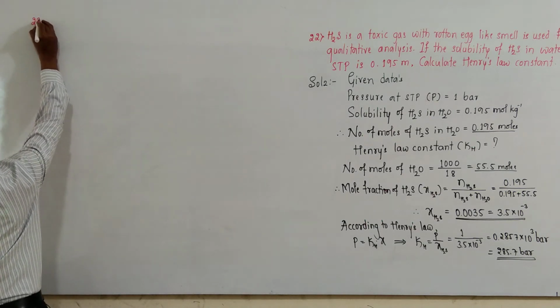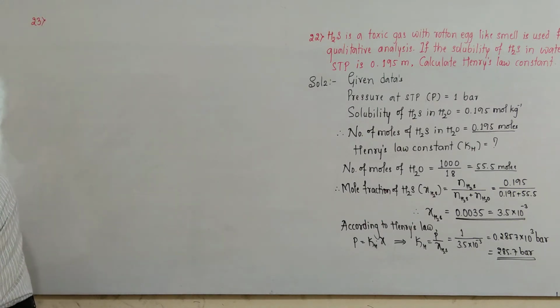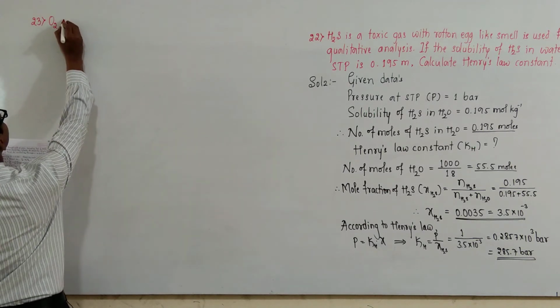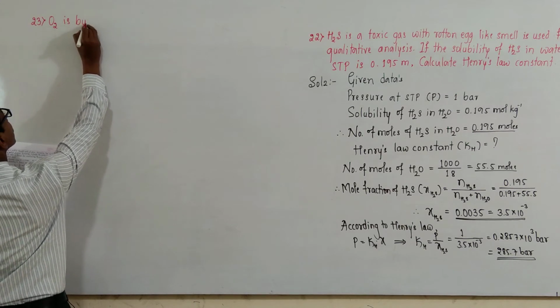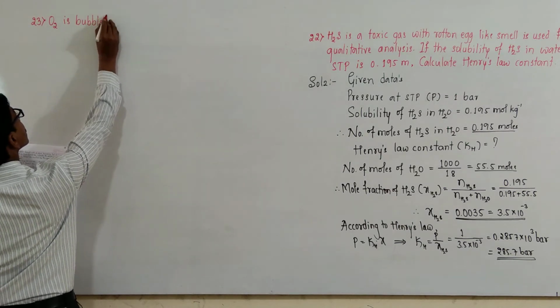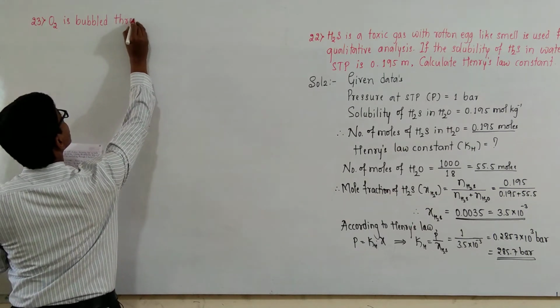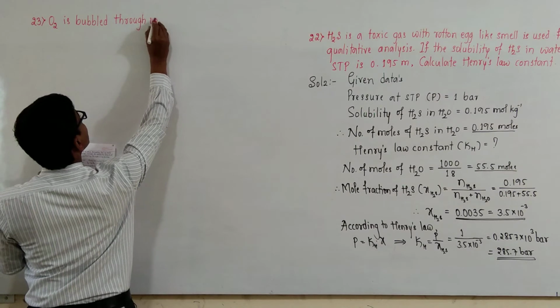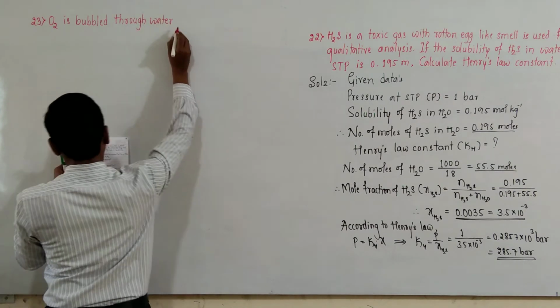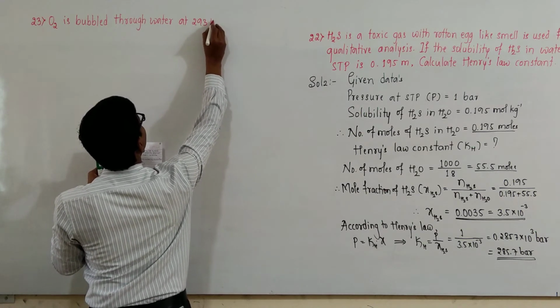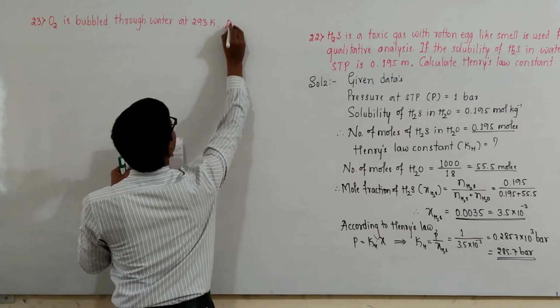Next is 23. The 23rd problem is: O2 is bubbled through water at 293 Kelvin temperature.